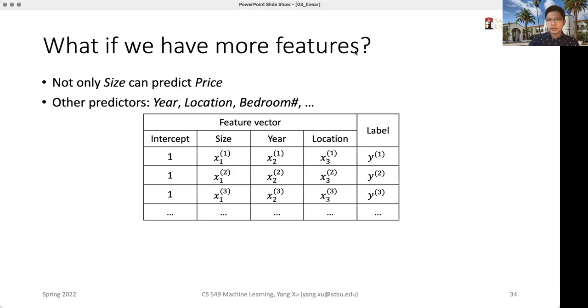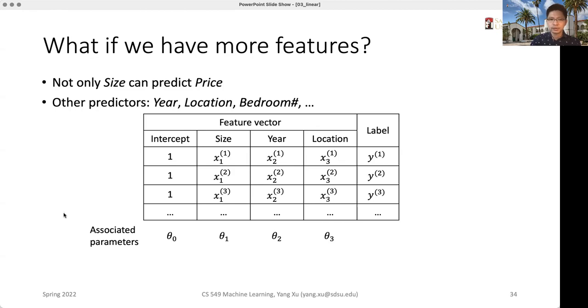And note that here we added a first column, which is for the intercept, because we want the intercept to also be trained. And just for convenience, we will give a dummy feature, which is all ones, okay? So that we can directly apply theta 0 to this column.